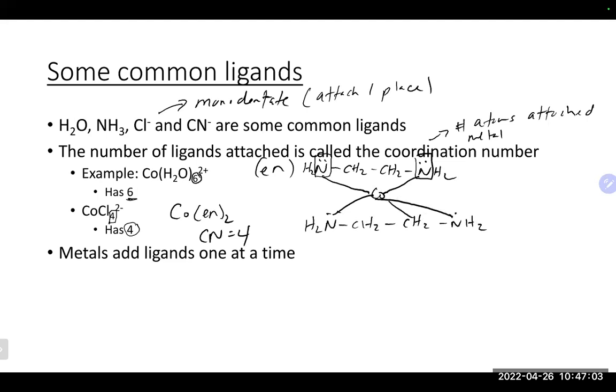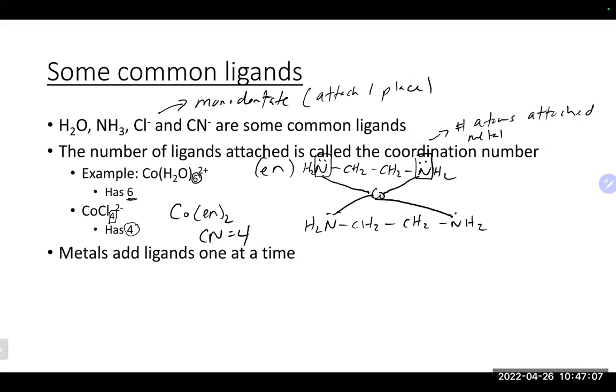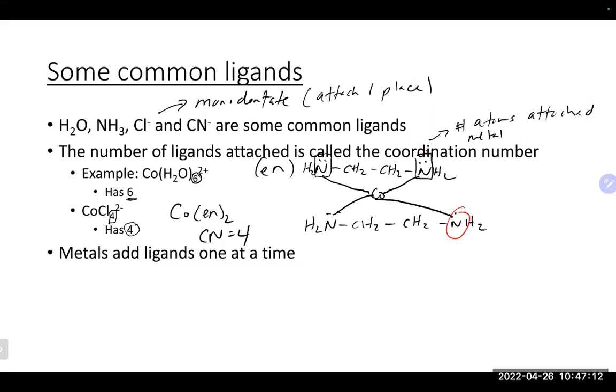There, the nitrogen. And that means if we look at it, what we see is 1 atom, 2 atoms, 3 atoms, and 4 atoms that are attached to it directly. So the coordination number here would be 4.